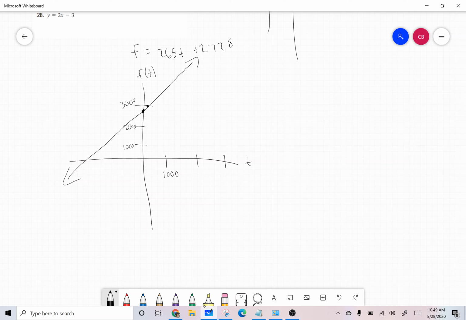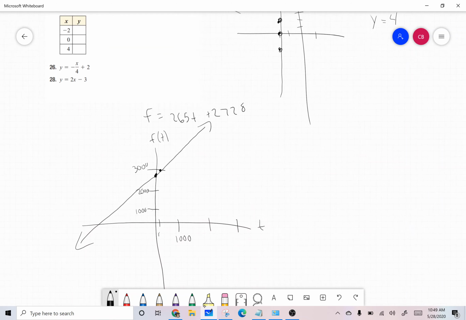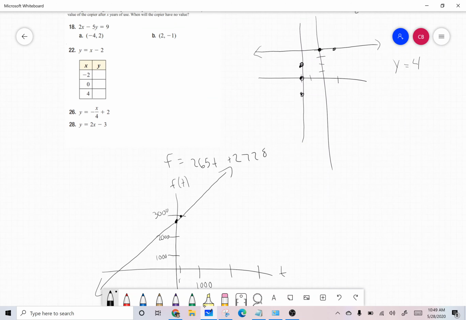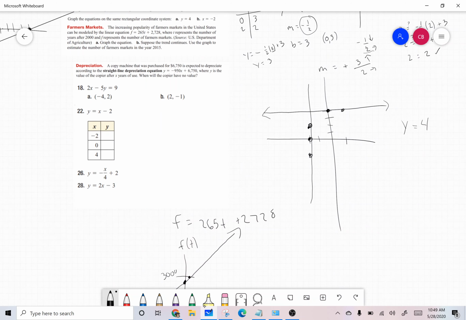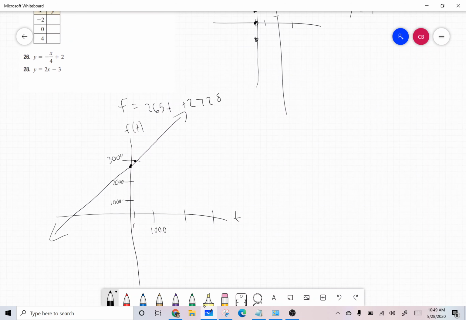And so when I said the 265, that's when you have one T. So it'd be pretty hard to fit the 1 on there to be able to visually see it. It's probably a lot steeper than this, but for the sake of this video, since I don't have a graphing calculator, we'll leave it at that. But if they said in 2015, what is the number of farmers, and we have that formula, then we can simply go 265, 15 years have passed since 2000, plus 2728.